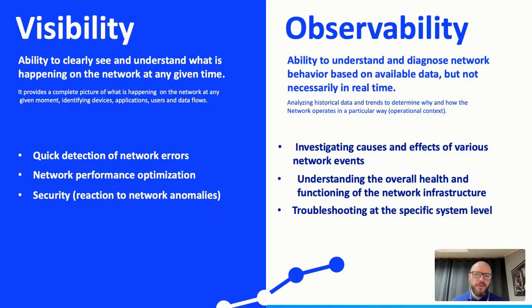When you have access to the details, let's say the speed of the car, the temperature of the engine, the mileage, this is observability. So this is the main difference. Visibility is an overview, and observability is about the traffic details.